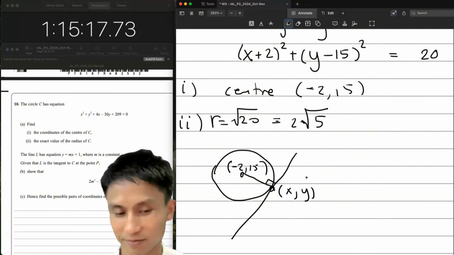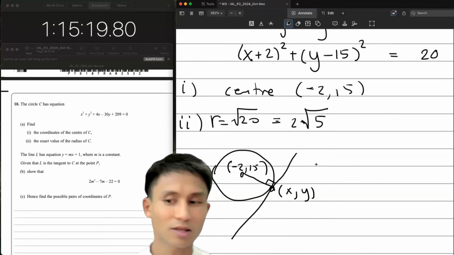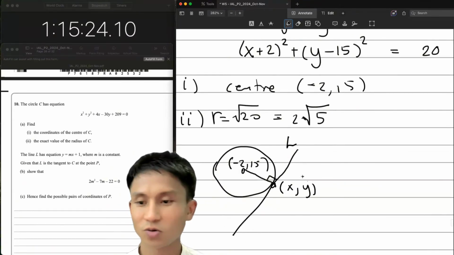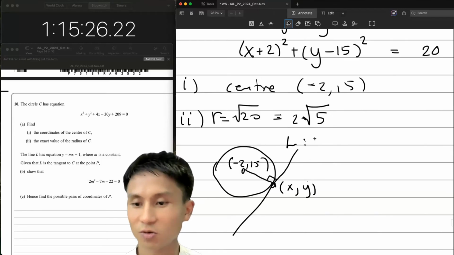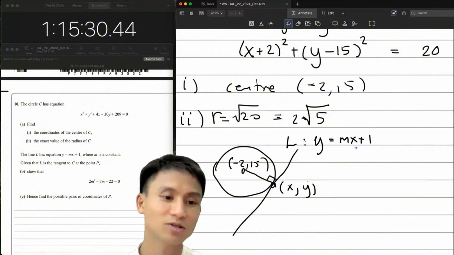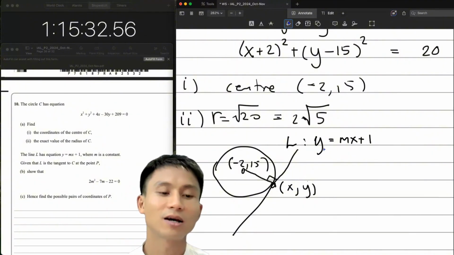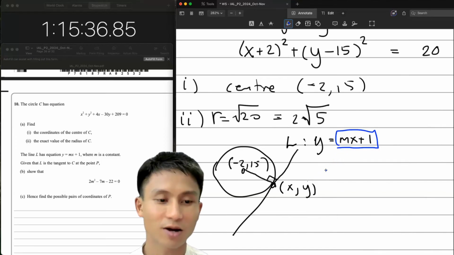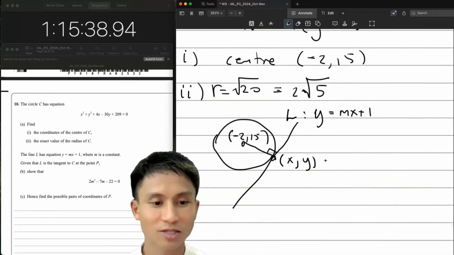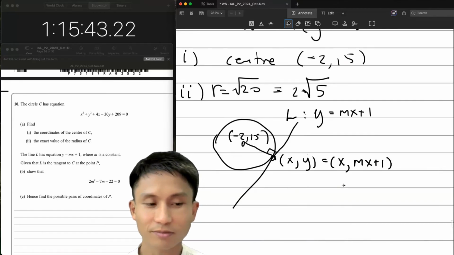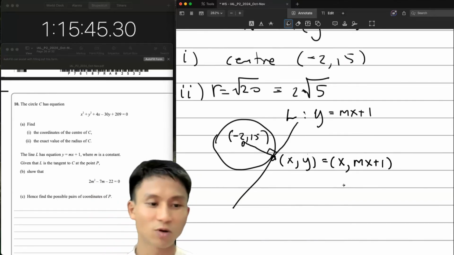And this point, let's say we don't know yet. Let's call it x, y. Now, the important thing to note is that this is line L, and line L follows this equation y equals mx plus 1. So that means we can write mx plus 1 instead of y, right? So I can say my coordinate here is x and then mx plus 1, just to cut out one variable.